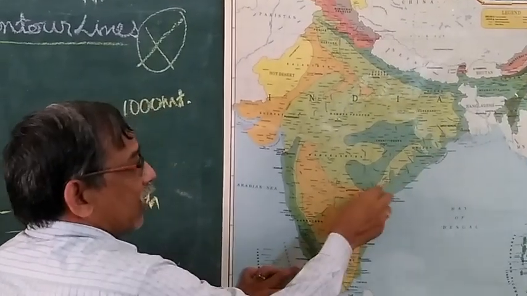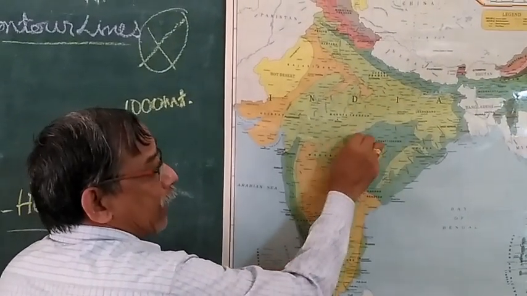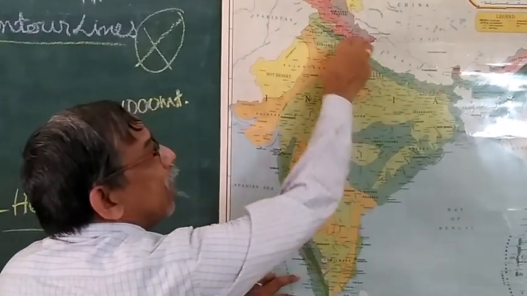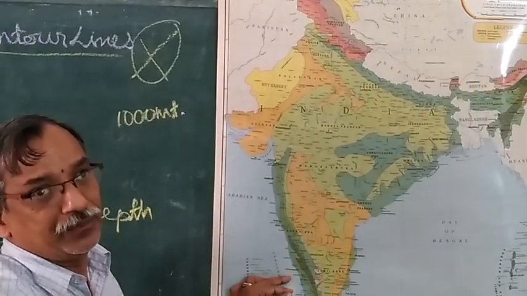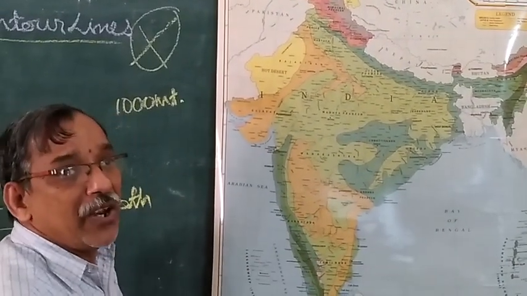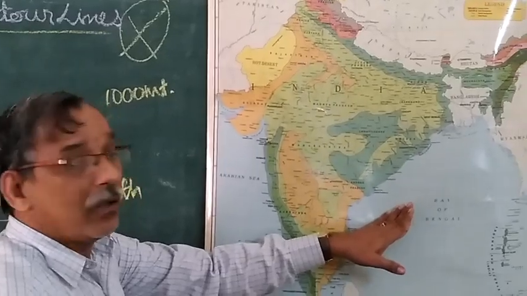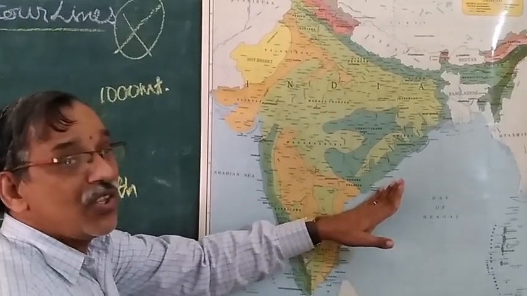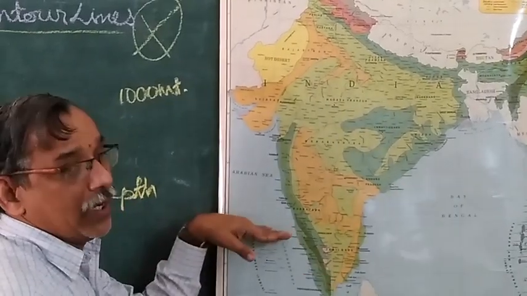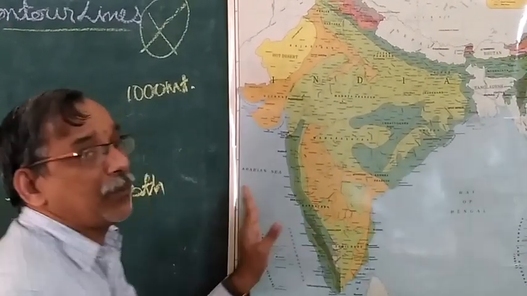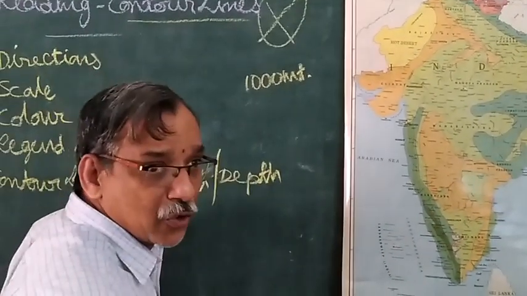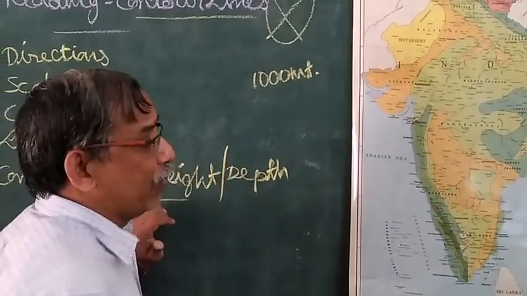All these areas have a similar height or depth, measured basing upon sea level. We will discuss that concept of sea level afterwards. How to find it out is the next topic of our subject.